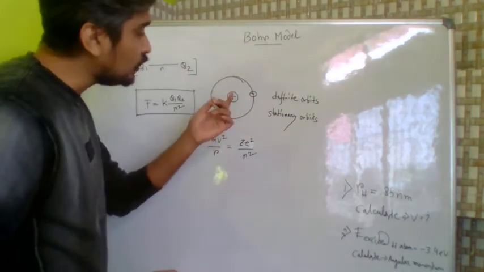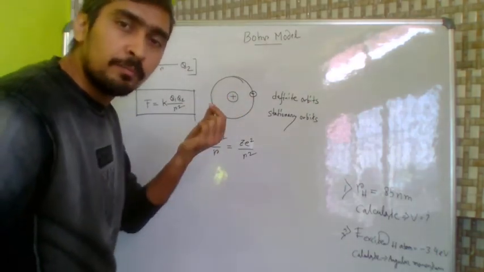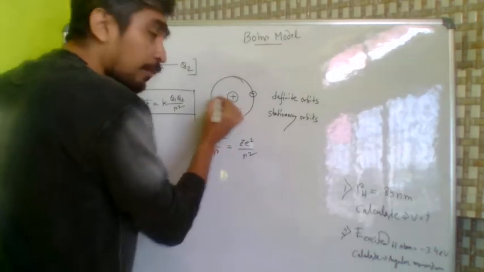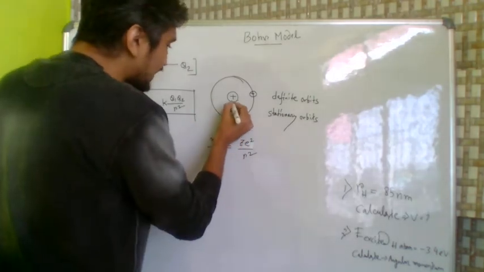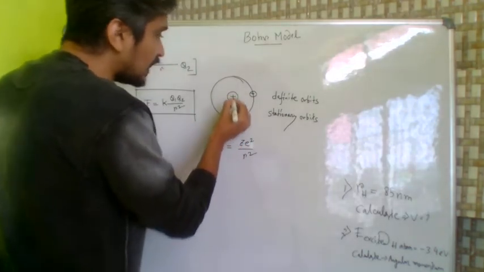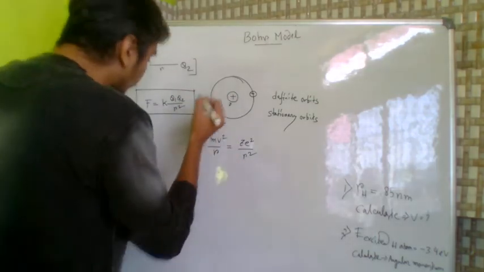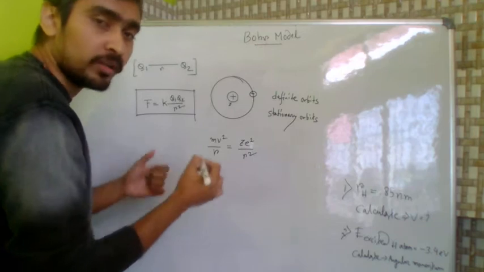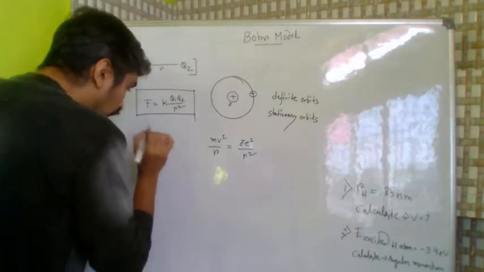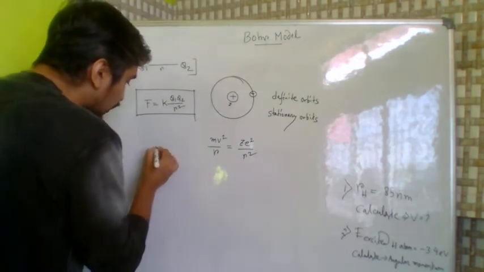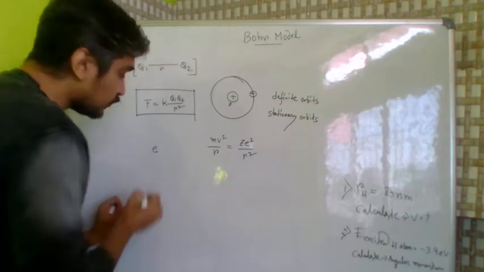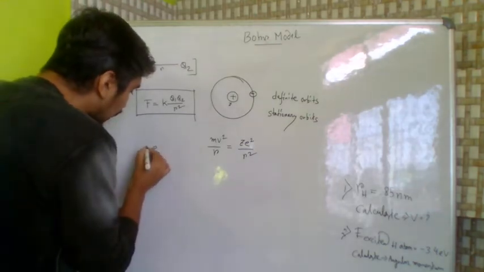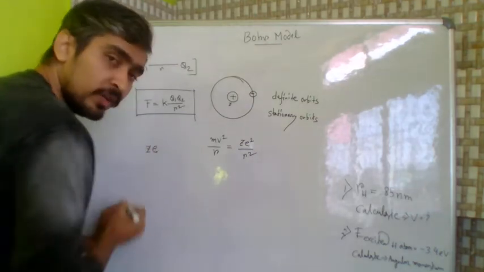Now we know that nucleus contains protons. If the number of protons is Z, then the total charge in the nucleus is what? Charge of one proton is one electrostatic unit, so charge of Z protons is Ze units.